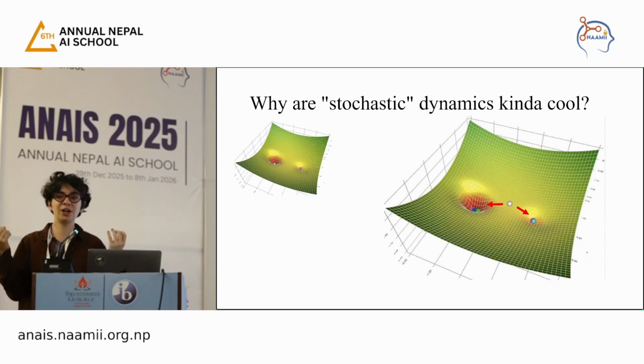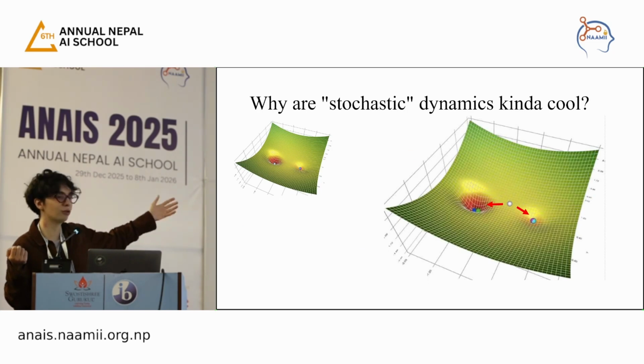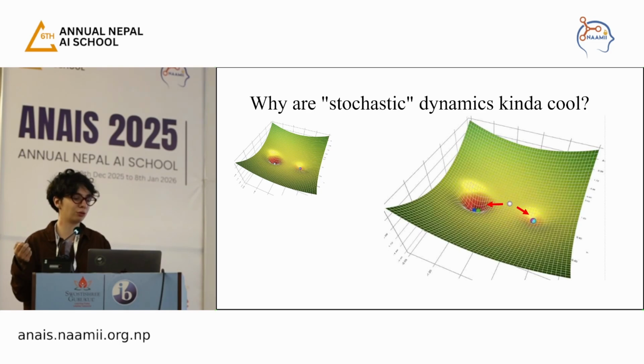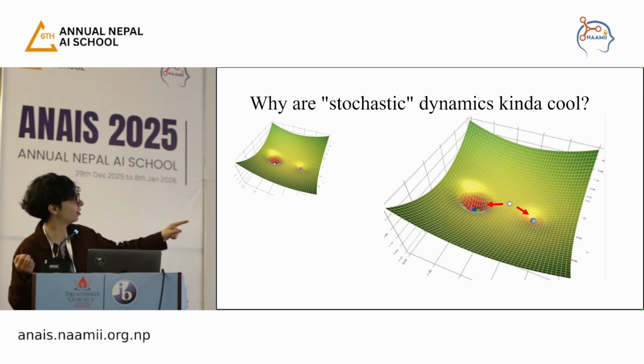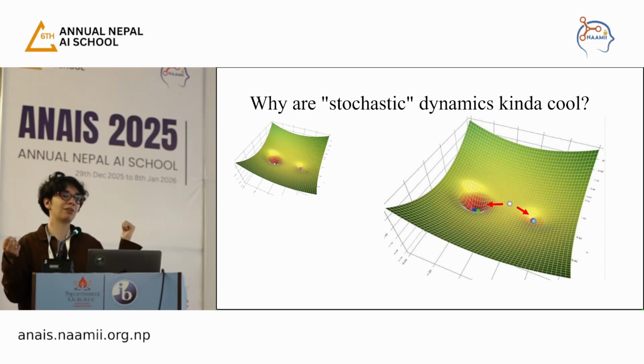Okay, why are stochastic dynamics quite cool? Let's say that I am running my cute little experiments with the balls on this beautiful canvas, and if I run it as an ODE, so I assume that my environment has no noise, the gray ball or the white ball will always end up on the left-hand side, right? But life is not like that.